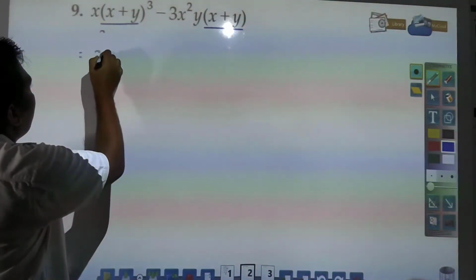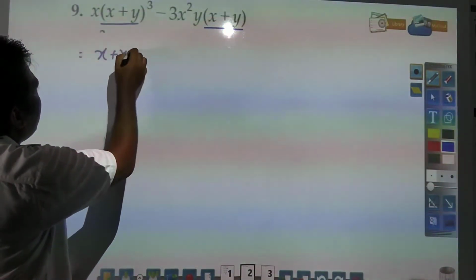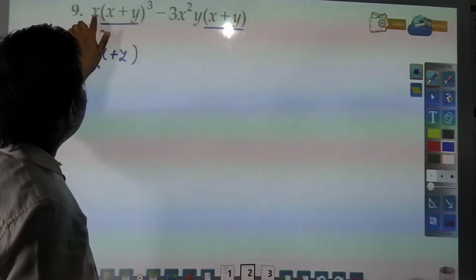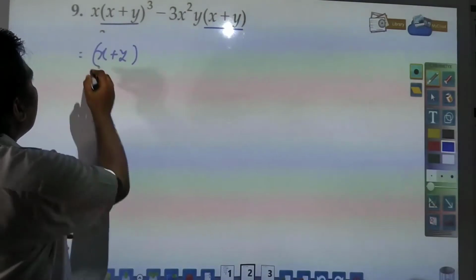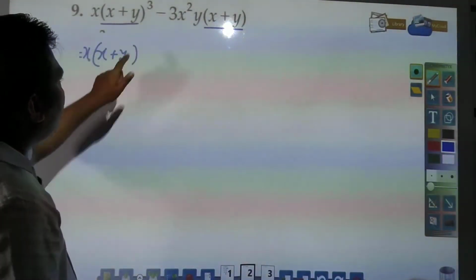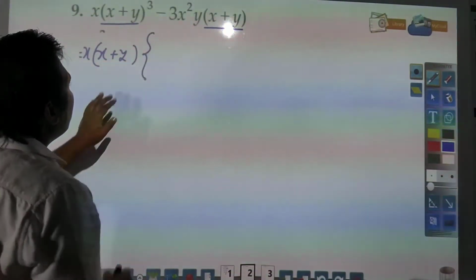So x plus y, if you are taking out common from both, and here you see 3x square y and x, in between you have common x. So x into x plus y we have taken out common. Now you see what you are left with.